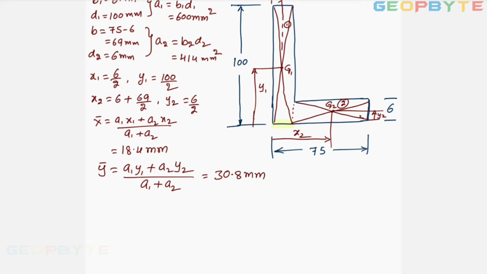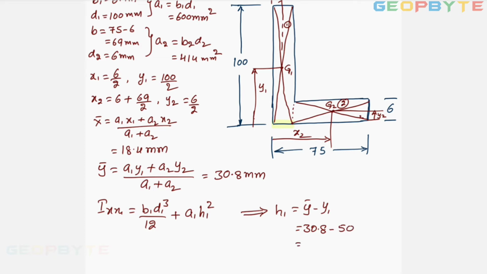Then let us find the moment of inertias about the centroidal axis. Here Ixx1 equal to b1 d1 cube by 12 plus a1 h1 square. Remember, here h1 equal to y bar minus y1. Here y bar is 30.8 minus y1 50.